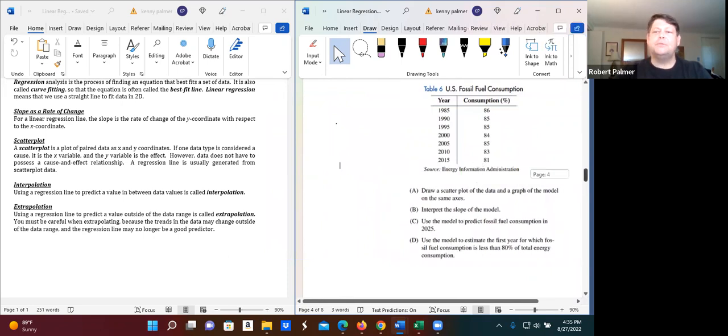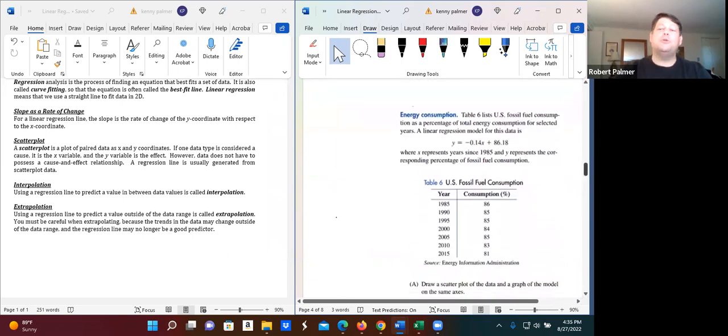It says, energy consumption. Table 6 below lists US fossil fuel consumption as a percentage of total energy consumption for selected years. This time, the linear regression model has already been determined for you, so we won't have to use Excel to do that. X represents the years since 1985, so kind of like the one we did for number 1. So for 1985, X is 0. And Y represents the corresponding percentage of fossil fuel consumption.